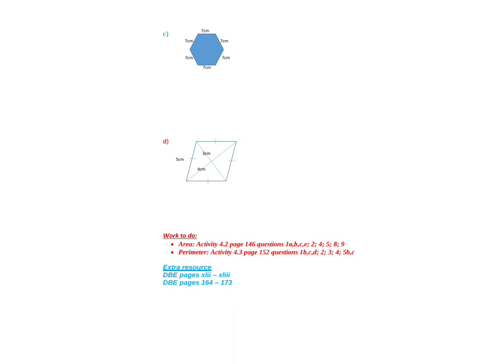And the other thing that you might not know is that if we connect vertex to vertex over here, we end up with equilateral triangles. Okay, so that means that we have to calculate the area of 6 equilateral triangles.